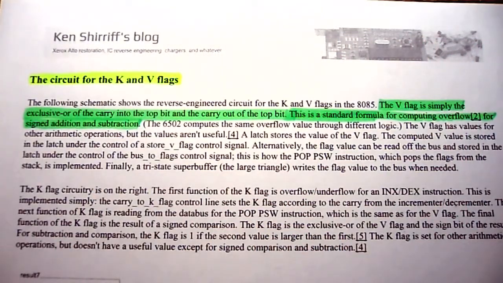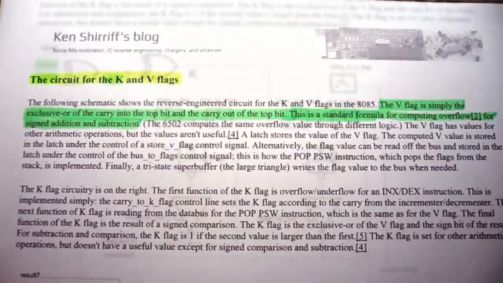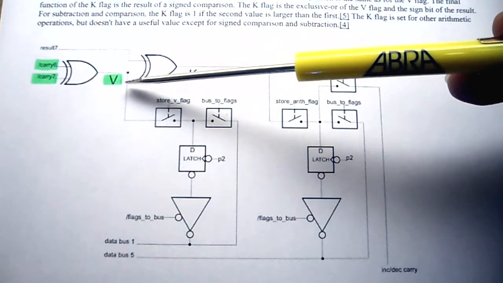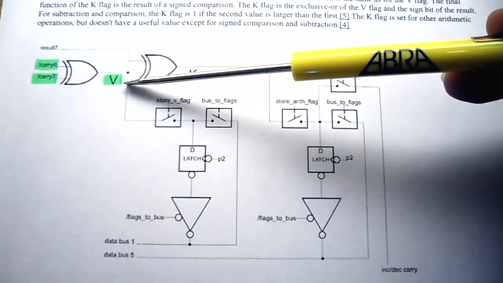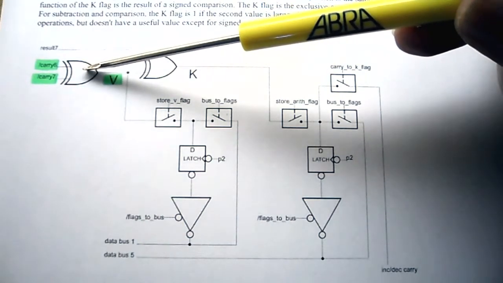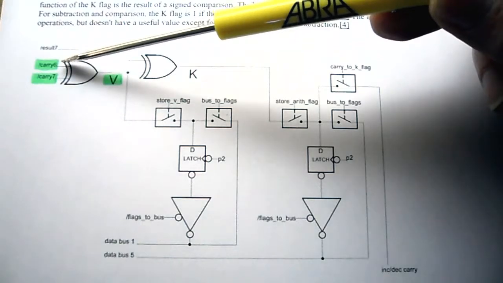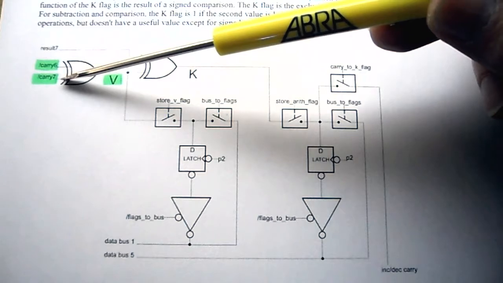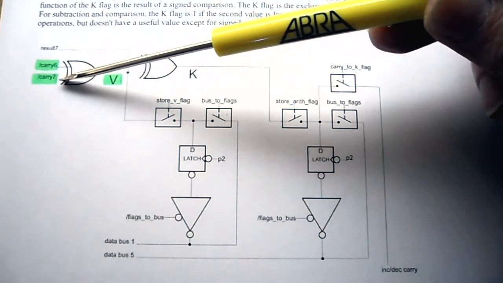I've now updated the simulator to version 1.3, and for the upgrades I just want to refer you back to Ken Sharif's blog on the circuit for the K and V flags. So in version 1.3 of my simulator, I've implemented the V flag, and the V flag is simply the exclusive OR operation of the carry going into the most significant bit and the carry coming out of the most significant bit.